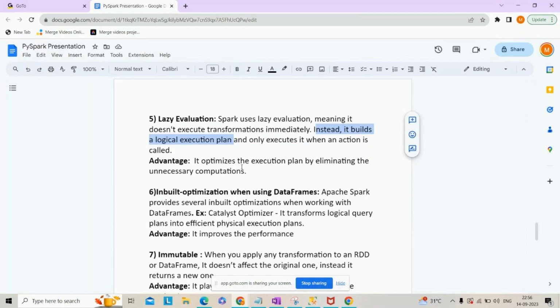That means lineage. Whenever you perform an action, then only the transformation gets executed. Understand? Right. What is an advantage? It optimizes the execution plan by eliminating the unnecessary computations.